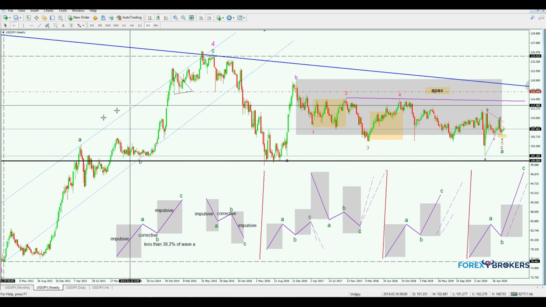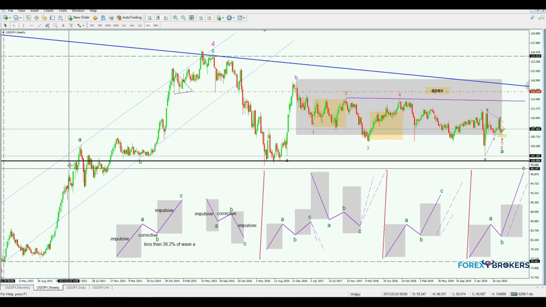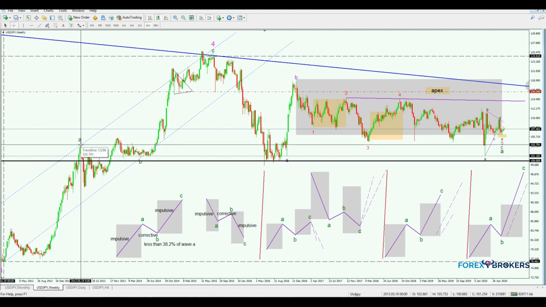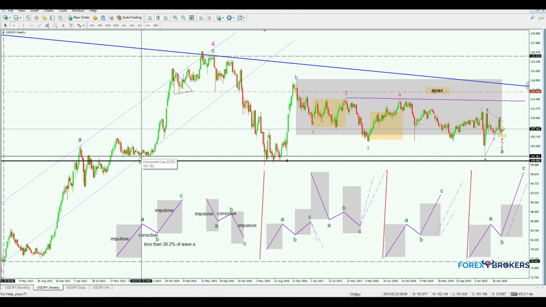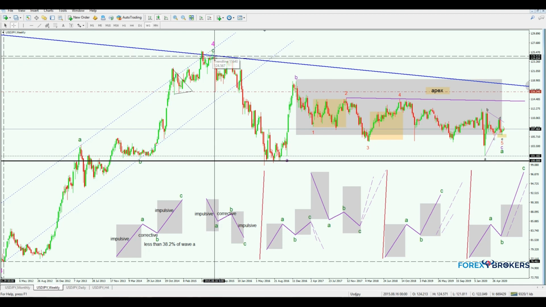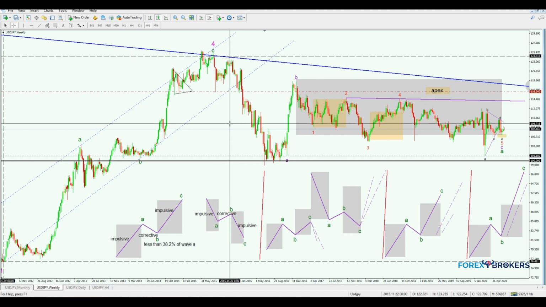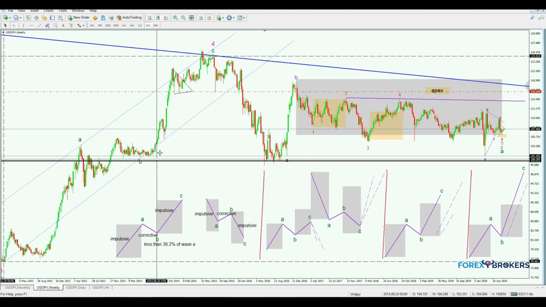So you can imagine here something like 1, 2, 3, 4, 5, the first impulsive move, the B wave, and then another 1, 2, 3, 4, 5, the second impulsive move. Is this a zigzag? Or is this an impulsive move? Many people will label this one as 1, 2, 3. The way to distinguish between an impulsive and a corrective move is to use the time element.